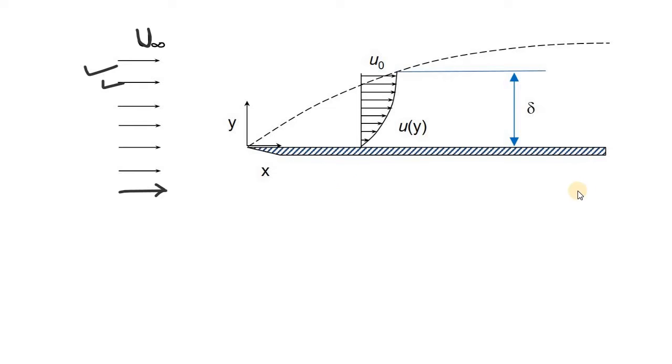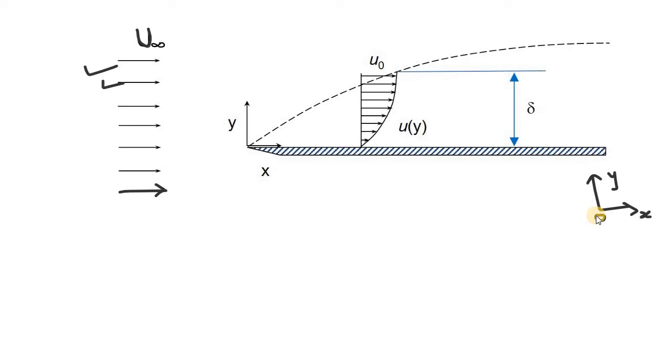In this free stream, let us suppose we have kept a semi-infinite flat plate which extends up to infinity in the positive x direction. This is your positive x direction and this is your y axis. So in the positive x direction, this plate extends up to infinity, whereas the leading edge of the plate coincides with the origin of the axis system.